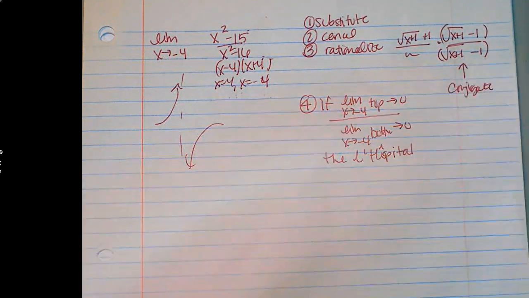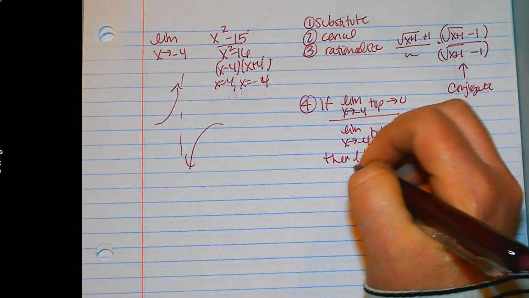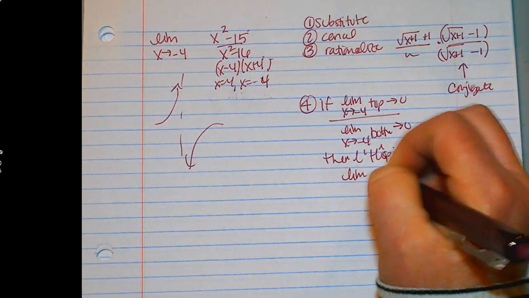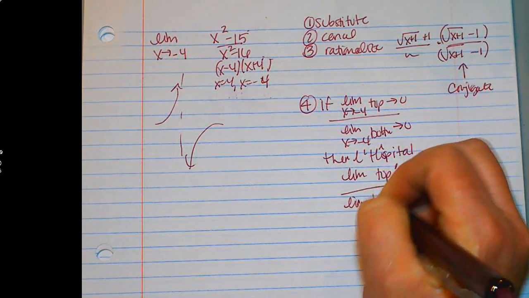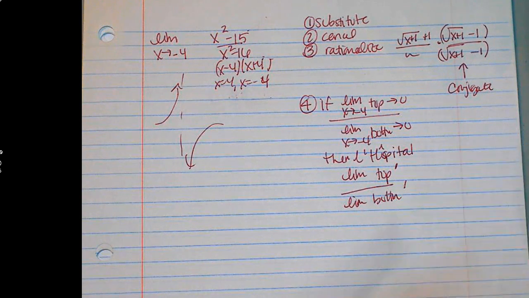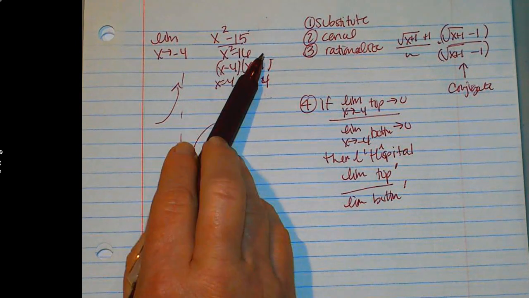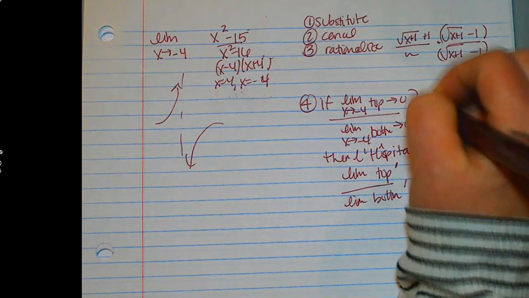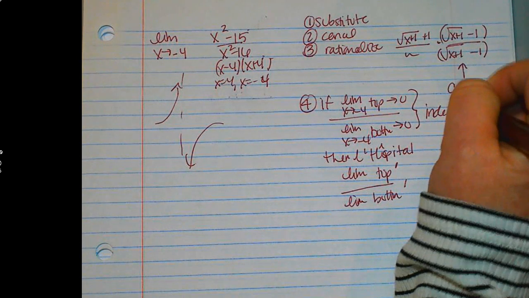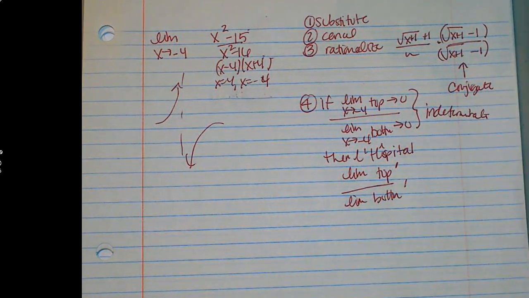You'd say the limit of the top's derivative over the limit of the bottom's derivative, and then you can substitute in. Unless you got 0 over 0, and then you do it again, and then you plug it in. But it only works if you have 0 on the top and 0 on the bottom. It has to be indeterminate form, which is this. So that was your chapter on limits in a minute.